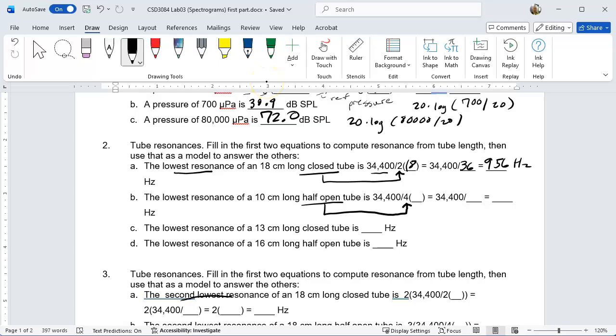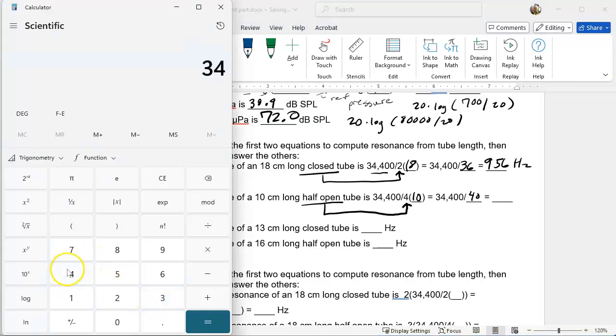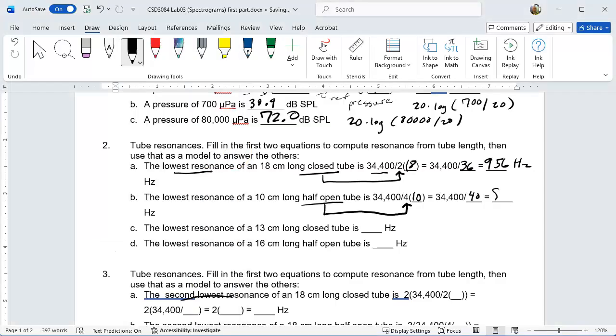For a 10 centimeter tube then, plugging in 10 for my tube length, 4 times 10 is 40, so 34,400 speed of sound divided by that 40 distance it's got to travel up and down the tube 4 times before I add more positive pressure, before I come back to the beginning of my cycle. I get 860 hertz.